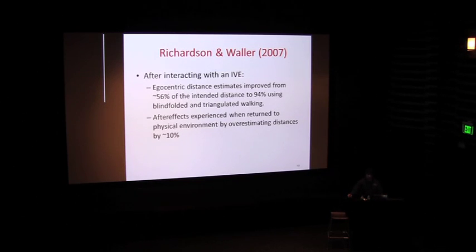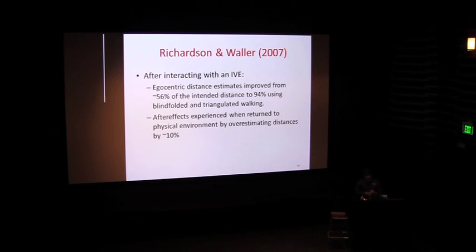Also, Richardson and Waller, circa 2007, had done some experiments in which, after interacting with an IVE, egocentric distance estimation improved from around 56%, a massive underestimation, to about 94%, using blindfolded and triangulated walking. Okay? And one of the interesting things they also experienced here was that there were interesting after effects.